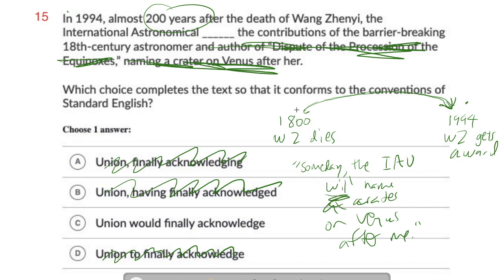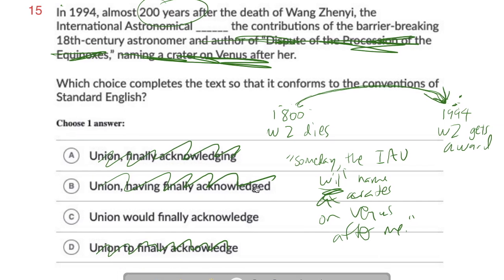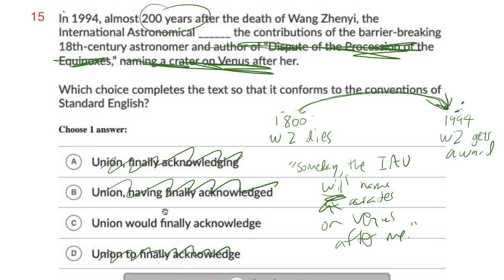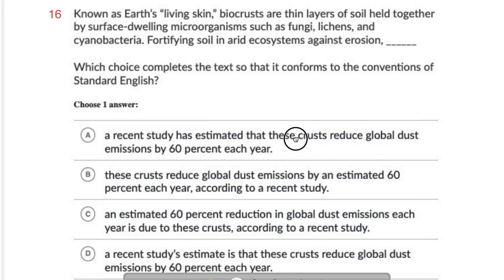But if we're talking about this point, like, God, this is challenging to articulate. They would finally acknowledge it. She's saying that they will do it, but we're talking about something that was in the future relative to this point in the past. Boy, this was not the best explanation. Someday they will name a crater after me. 200 years later, they would name a crater after her. So that's not very common on the SAT, but obviously if they're going to ask about it here, they can test on it.